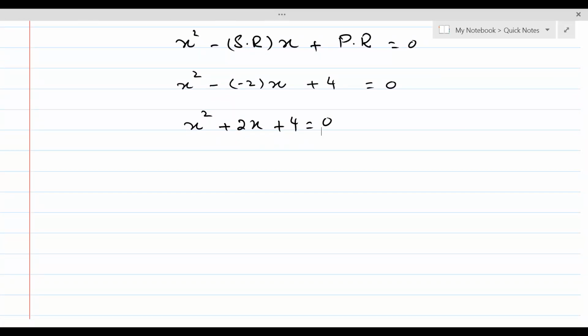And the next question: find the four fourth roots of 16, 81 and 625.